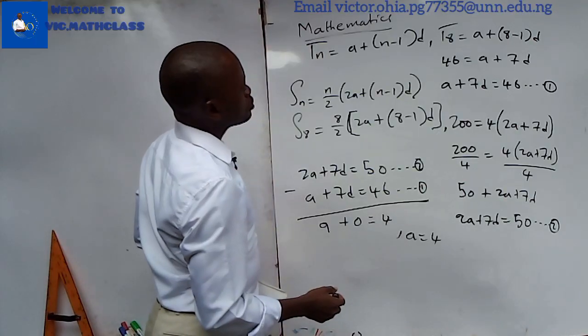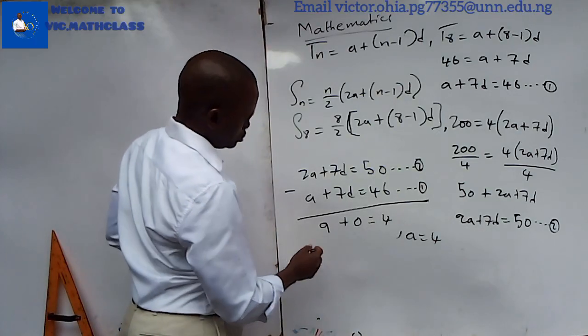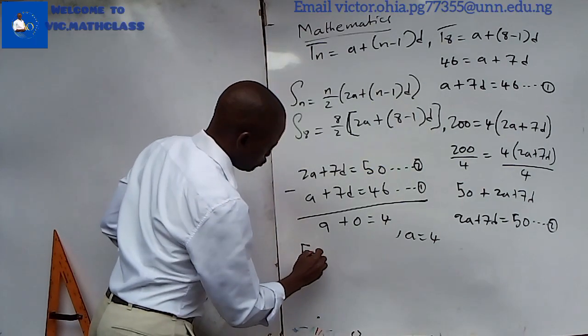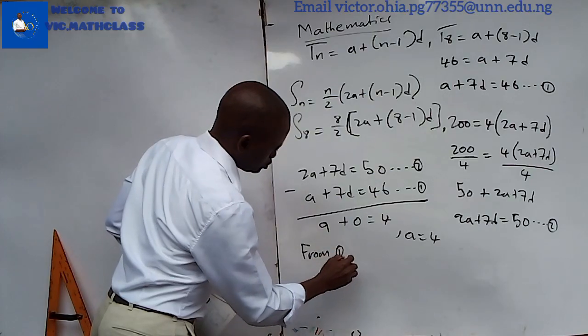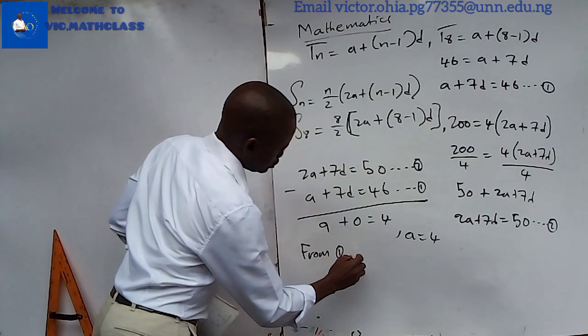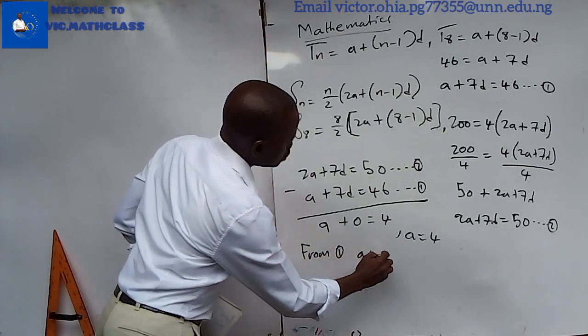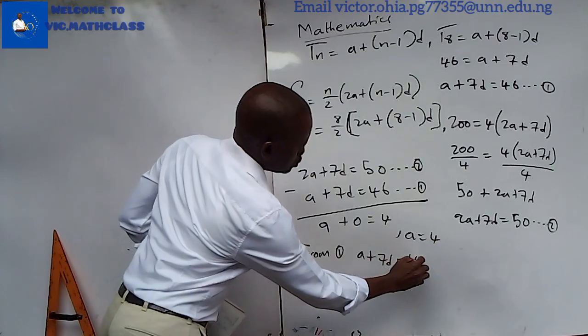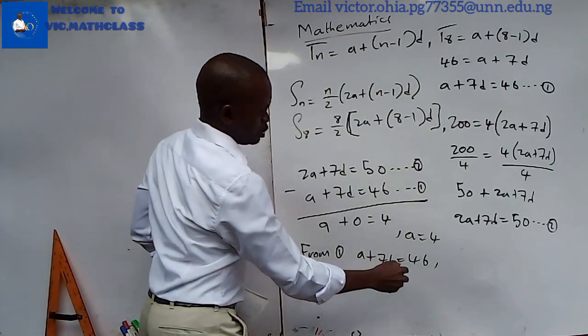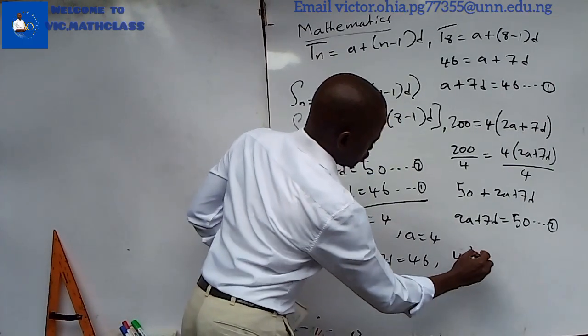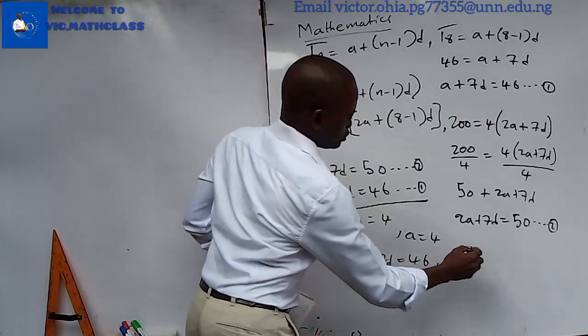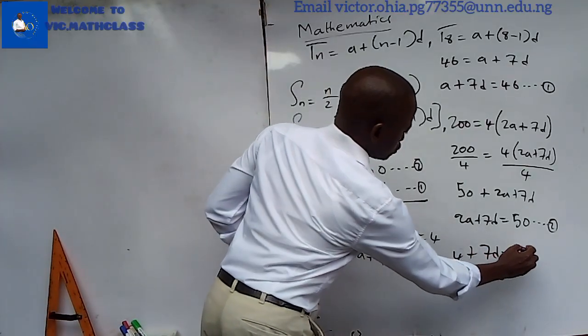what d is. So I can say from equation 1, I have that a plus 7d is 46. So I can replace here and have that 4 plus 7d is 46.